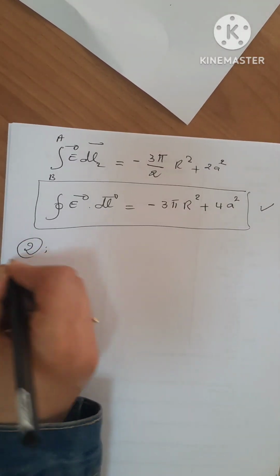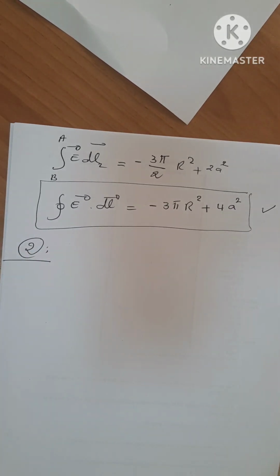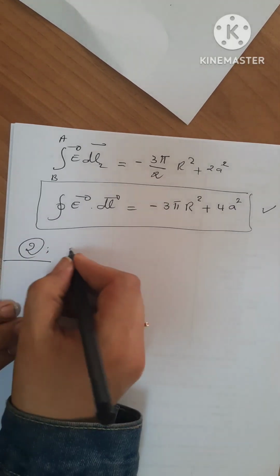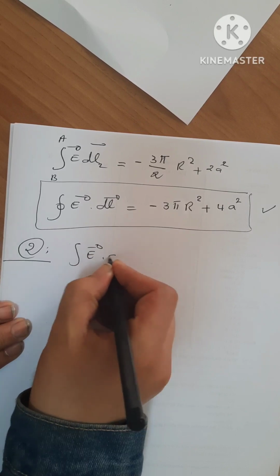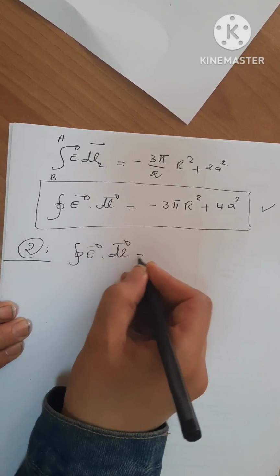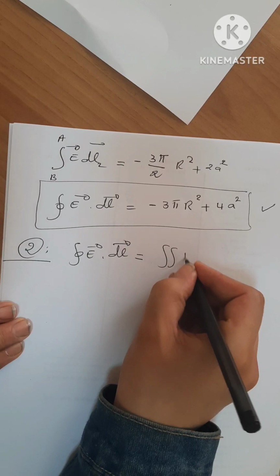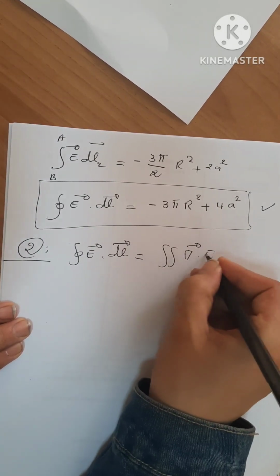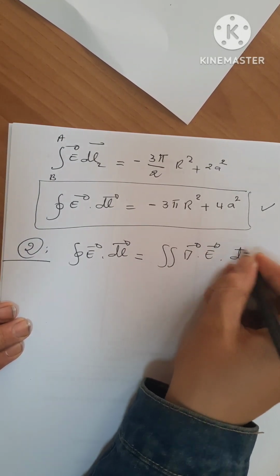Second method, we can use the Stokes theorem, where the integral of E dl equals the curl of E ds.